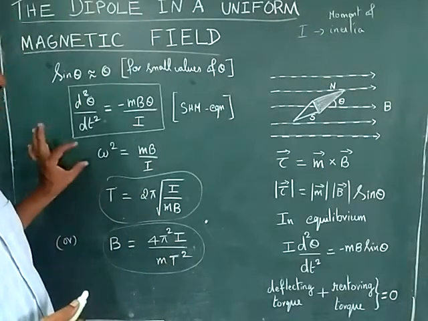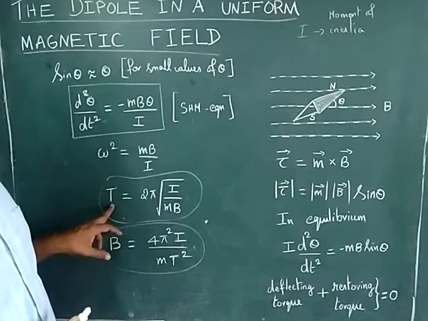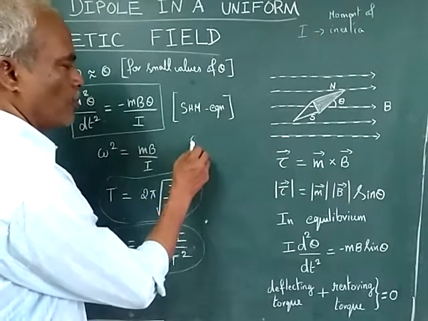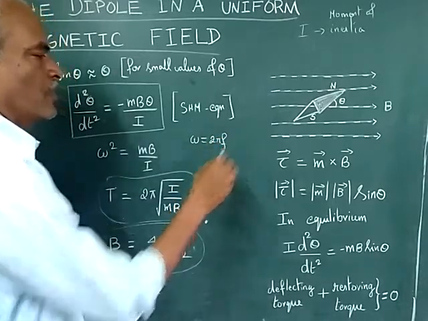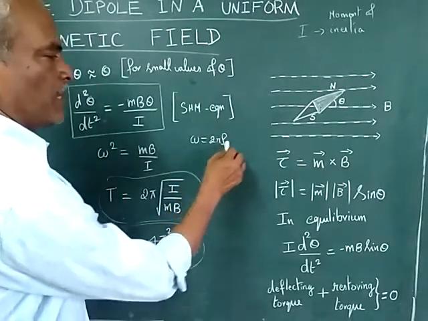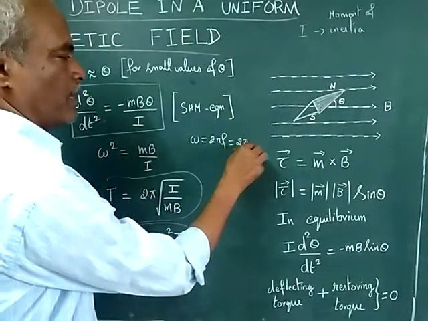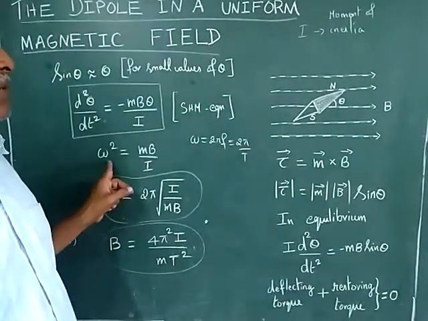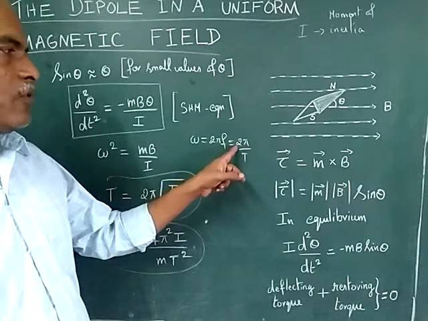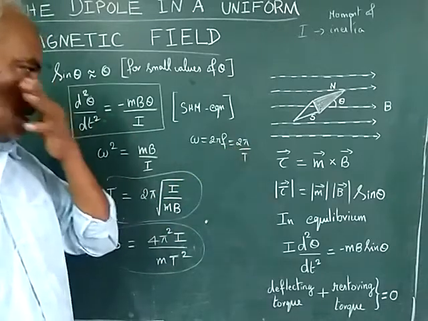From this you can derive the time, because omega is equal to 2 pi f, and f is equal to 1 by T. So omega is 2 pi by T, and omega square is equal to 4 pi square divided by T square.